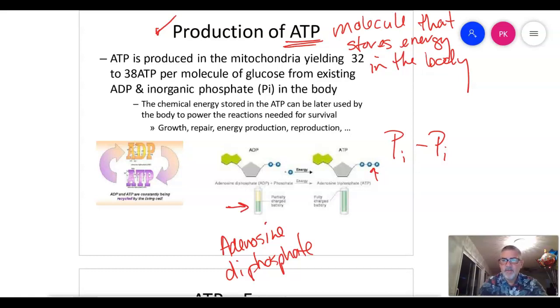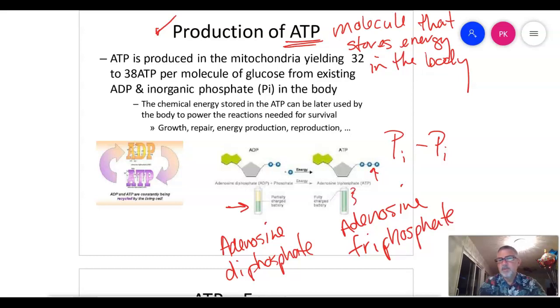But if I add another phosphate to it, I get triphosphate, and that way my battery is full. So I can only hold 3 phosphates. Adenosine is actually a nucleic acid, right?